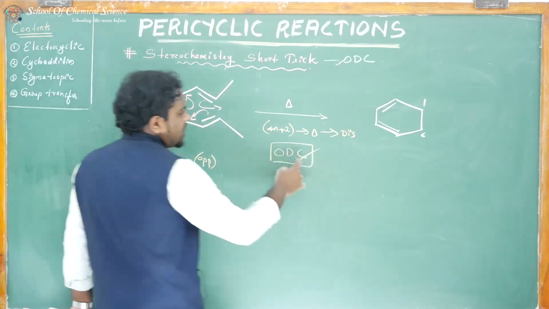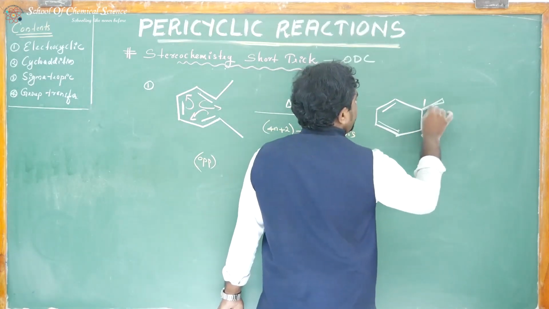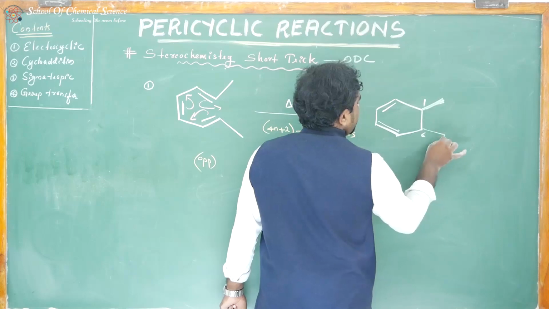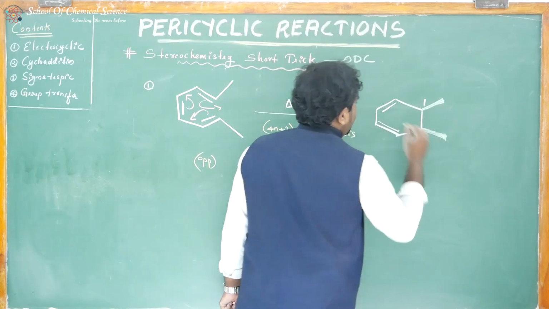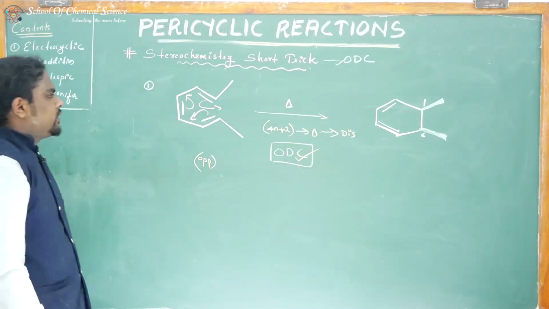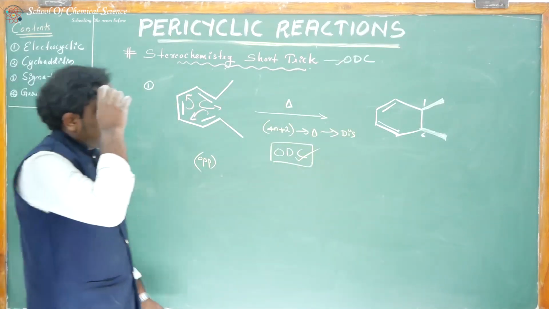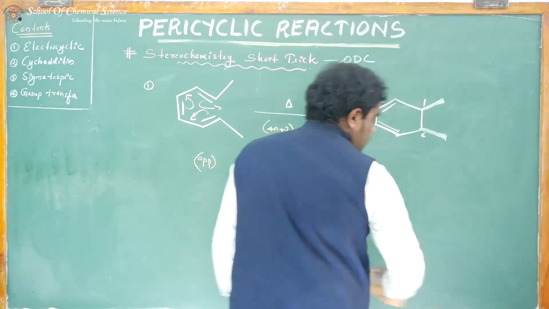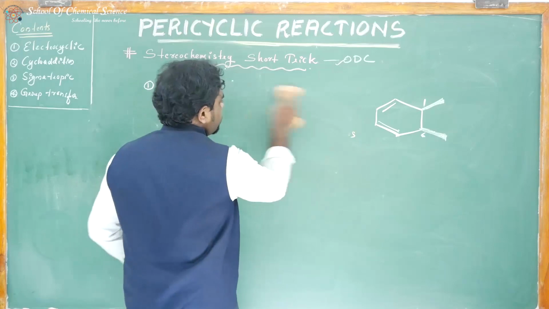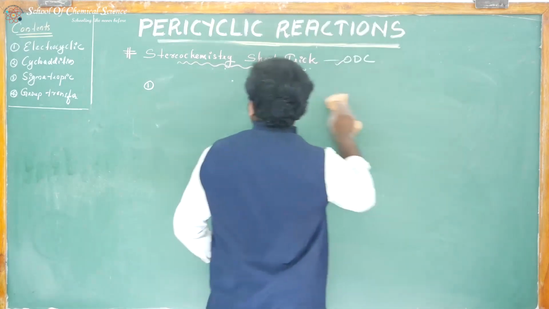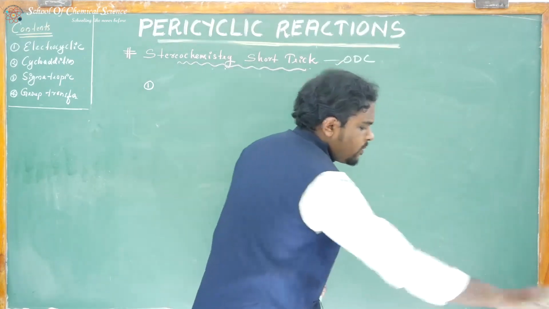Stereochemistry is cis. The two methyl groups are cis, that means both are above or both below the plane, in the same plane. Then what about the next question? Fourth one.